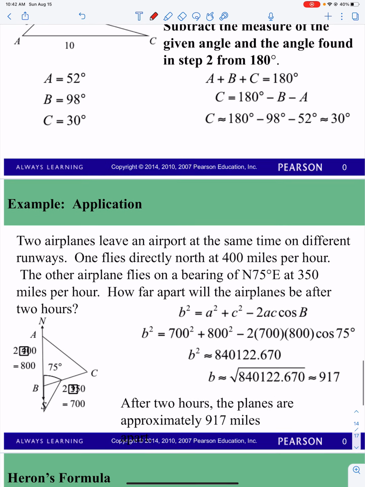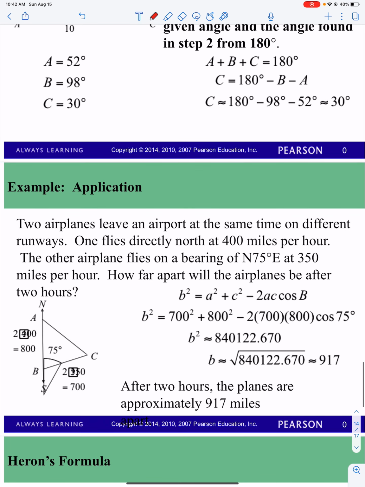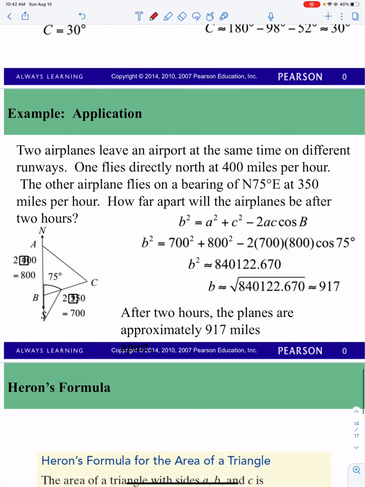Okay, so application questions. If 2 airplanes leave the airport at the same time on different runways, this is very important. One flies directly north at 400 miles per hour.